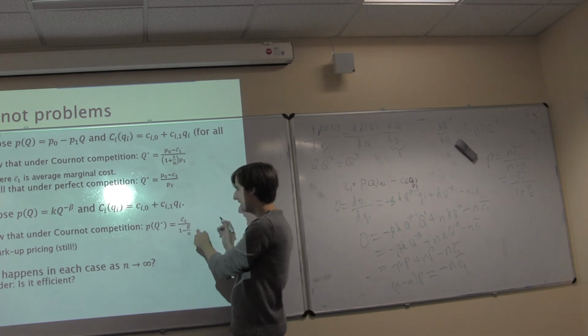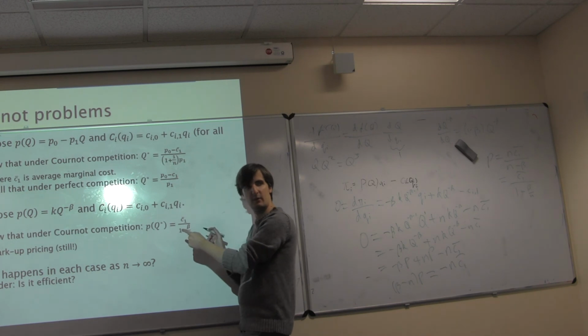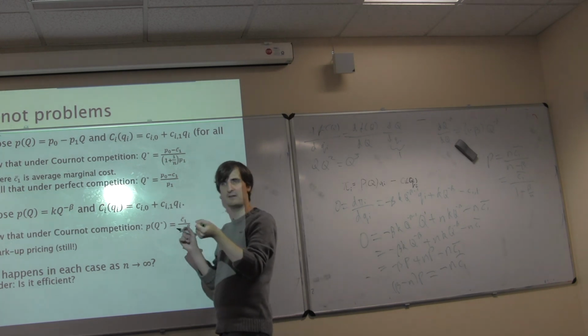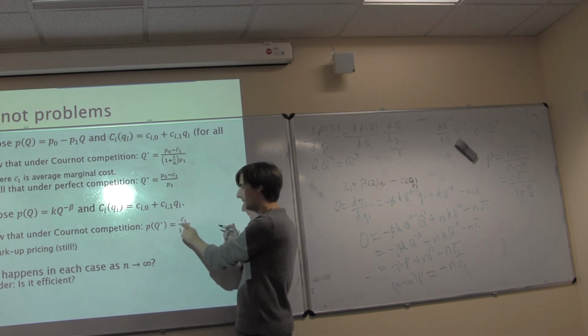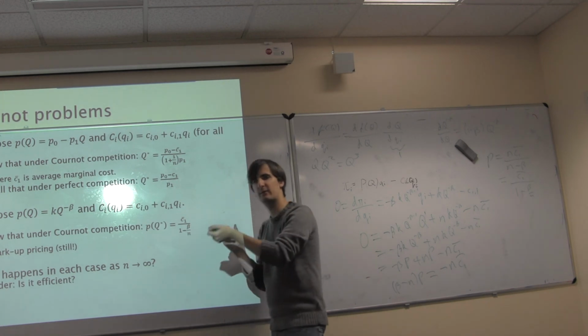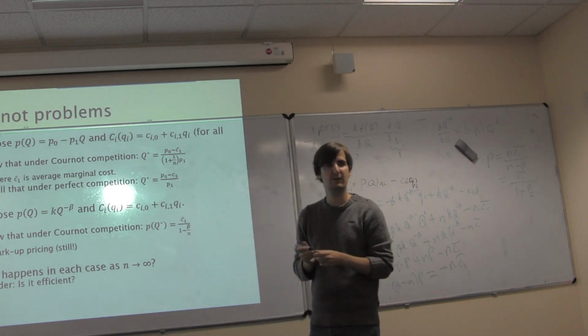And again, this looks like markup pricing. With monopoly, price was something times the monopolist's marginal cost. Now price is something times average marginal cost. And the more firms there are, the smaller the markup that each firm is going to choose.